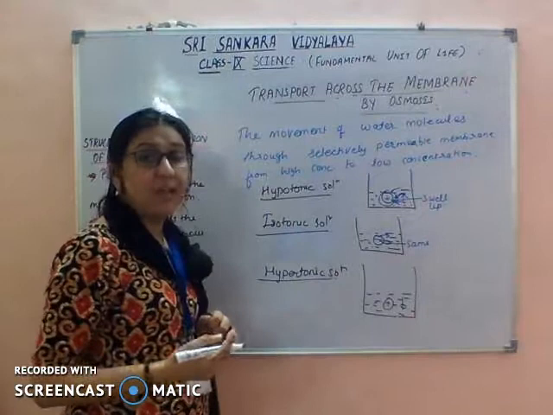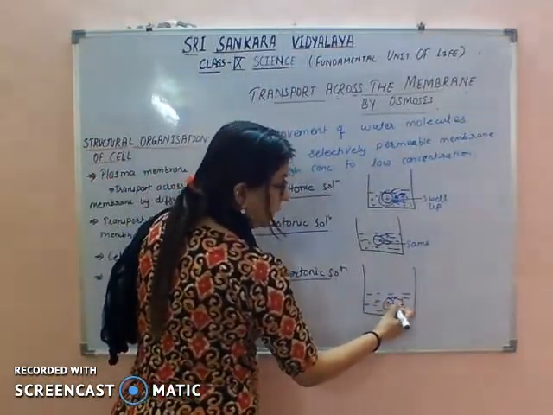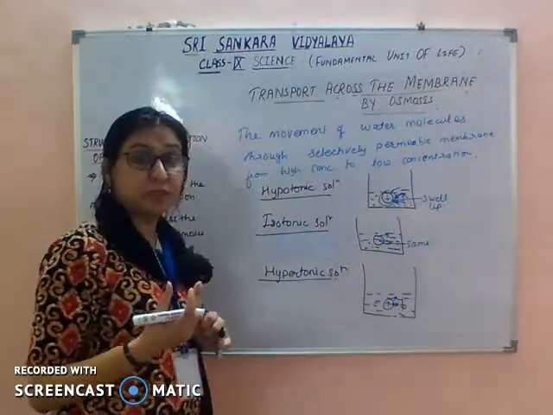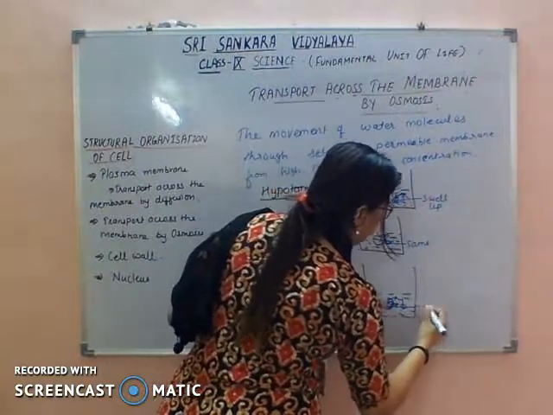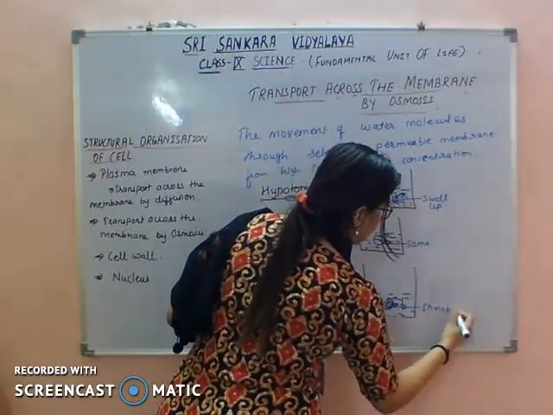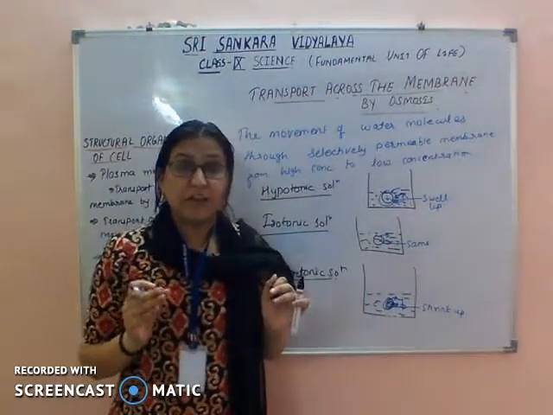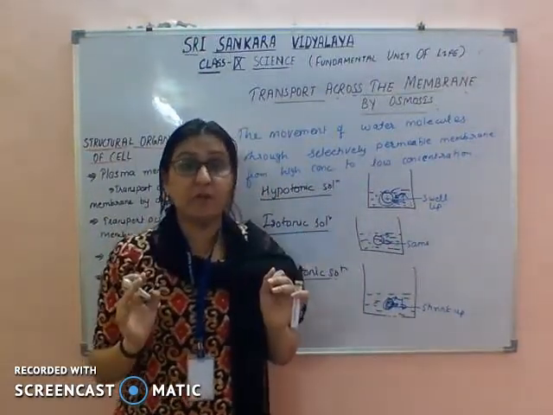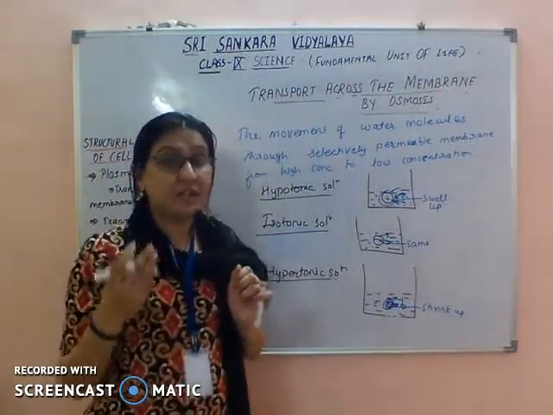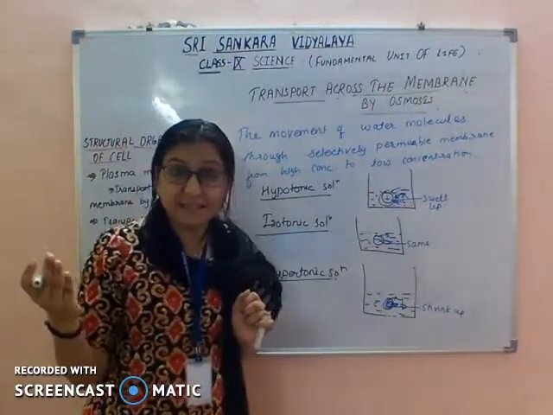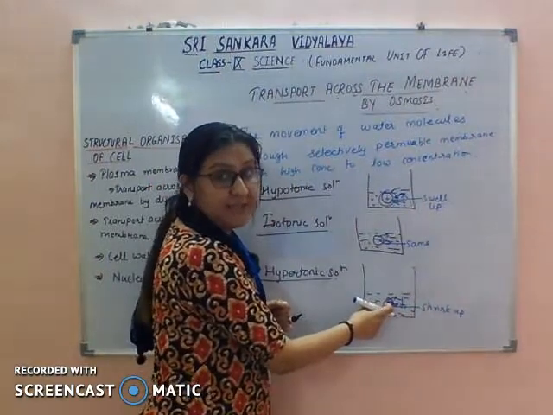So the cell will lose its water and tends to shrink. As you can see in salt water, when you put a cell in salt water, that cell will shrink because the water content is less in the outside medium as compared to the inside medium.